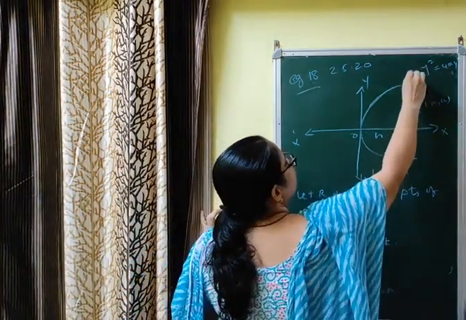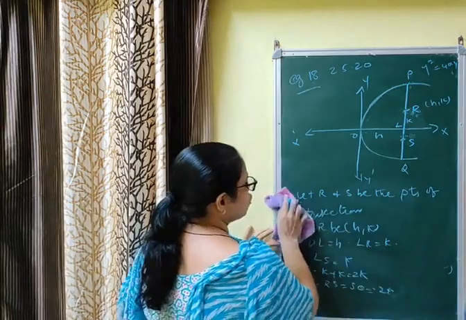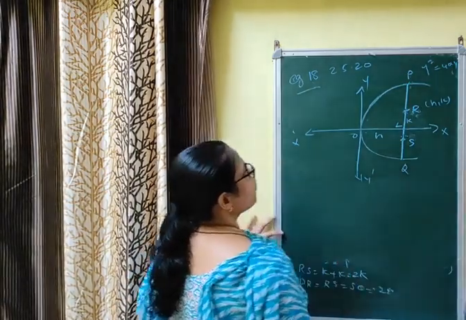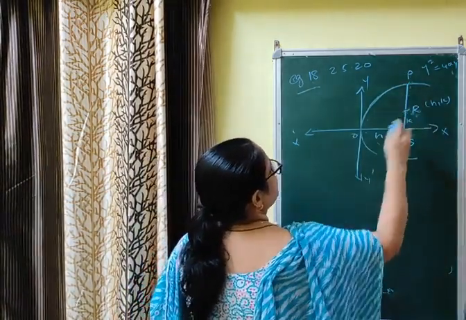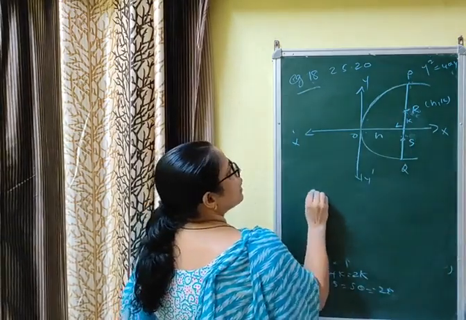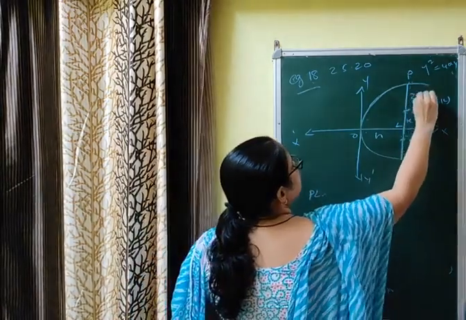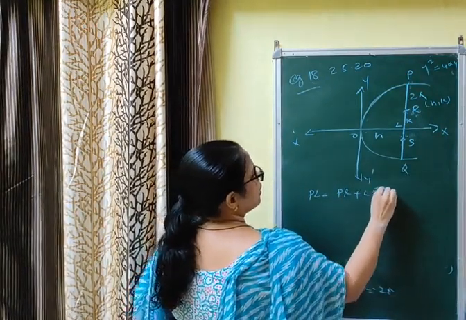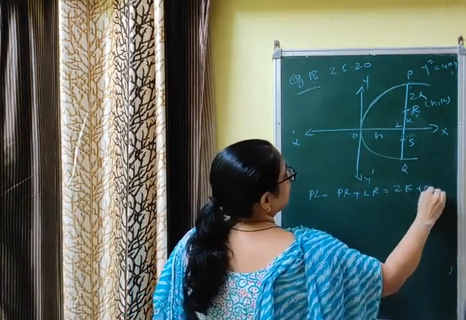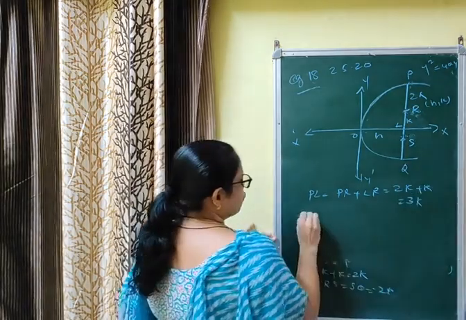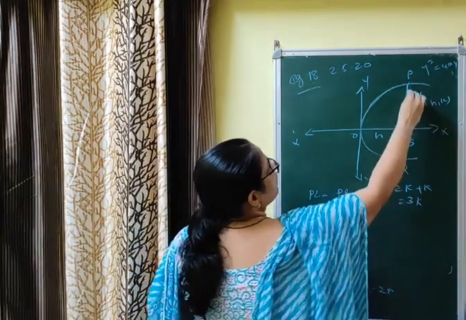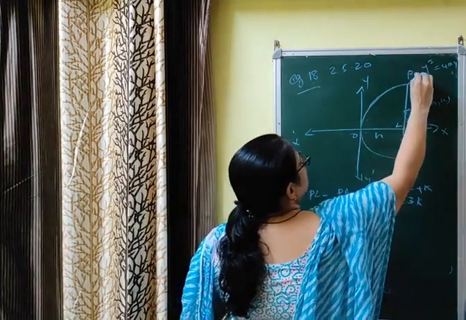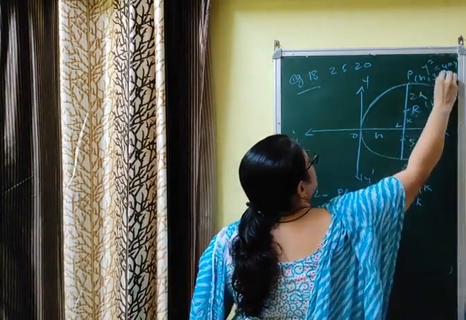We want the coordinate of P. Now for finding the coordinate of P, what we have to do? We have to find OL as well as PL. OL is h. Now PL is equal to PR plus LR, that is 2k plus k, that is 3k. Therefore, the coordinate of P is h comma 3k.